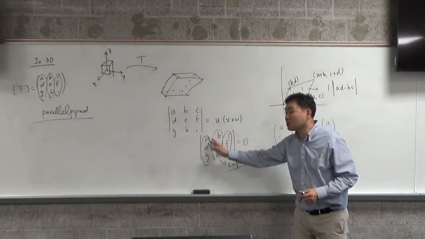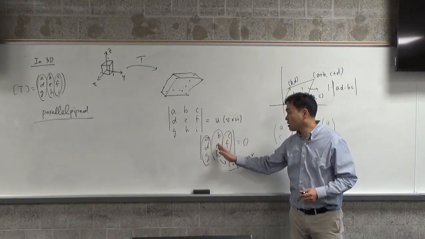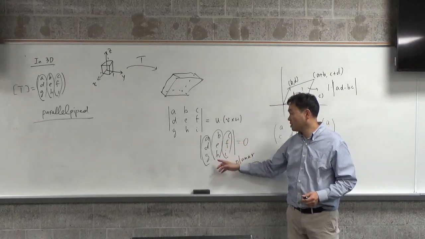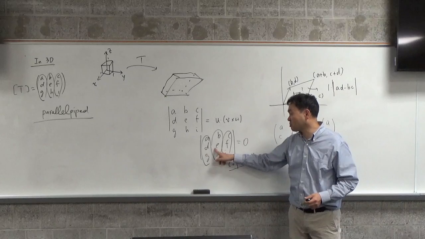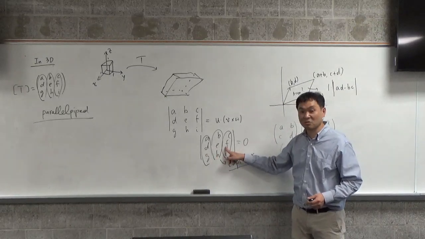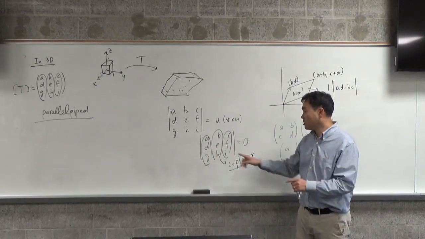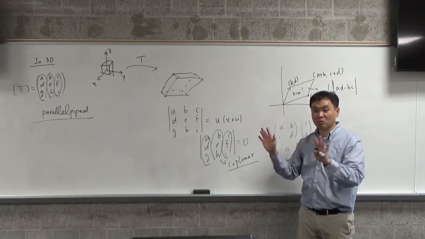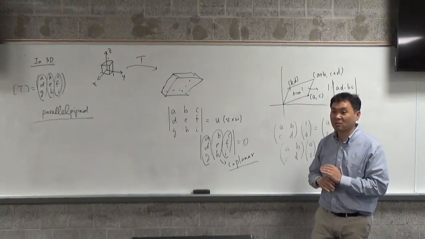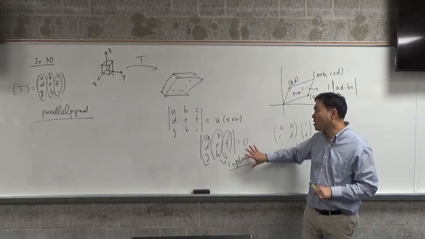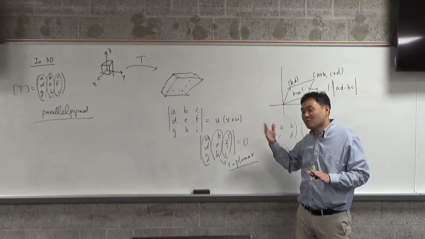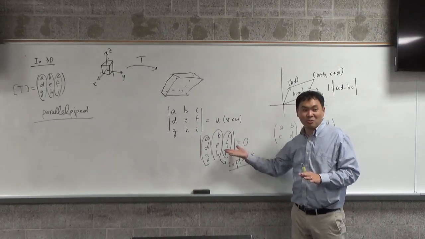It means that one of the vectors can be written as a linear combination of the other two. You can take this one and represent it as something times this one plus something times this one, because one vector lies in the plane generated by the other two vectors. That's what it means. That's another thing you learned in Calc 3 without much explanation why, but now you kind of understand it.